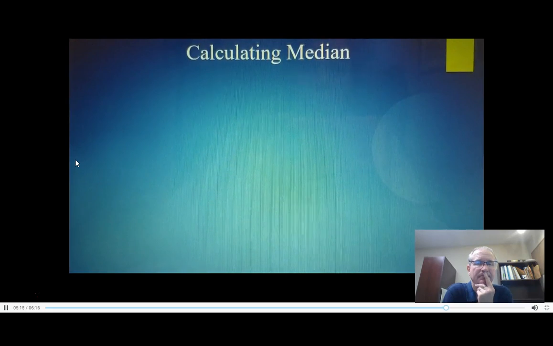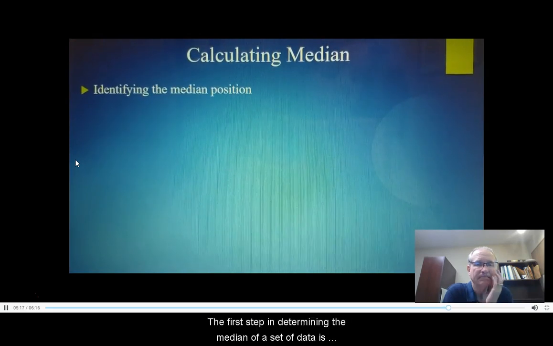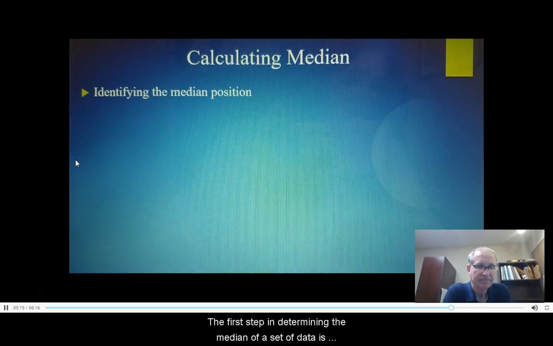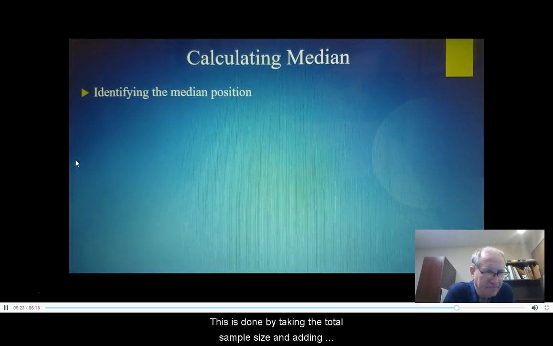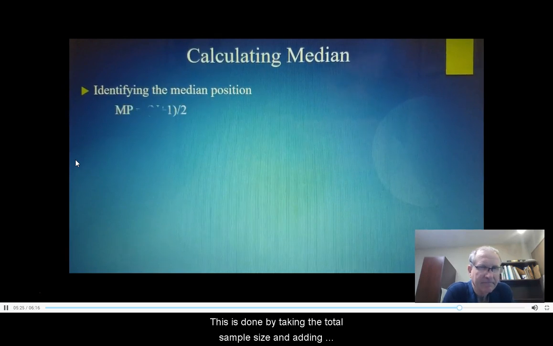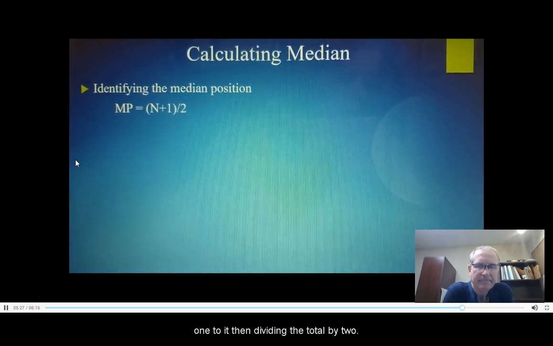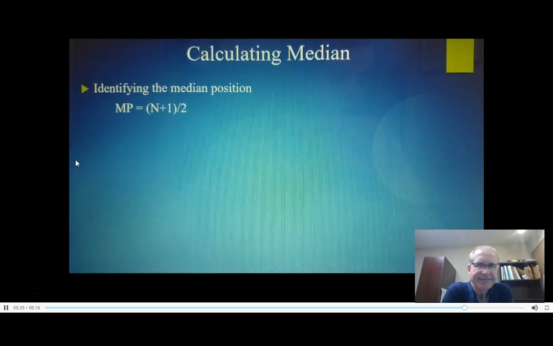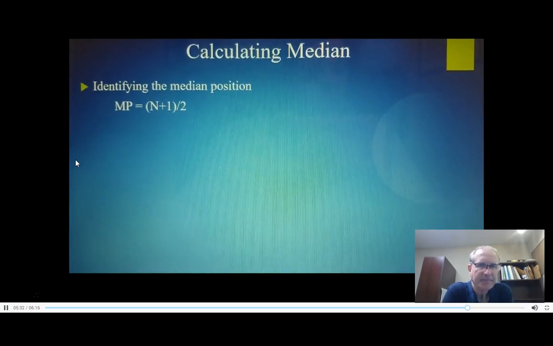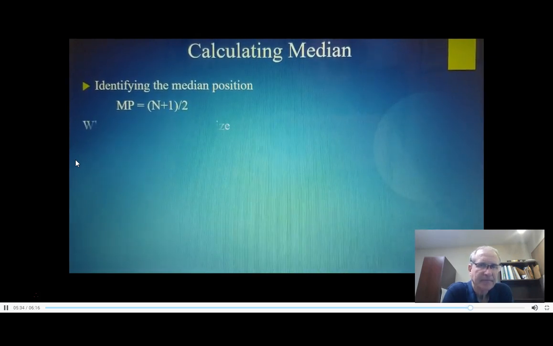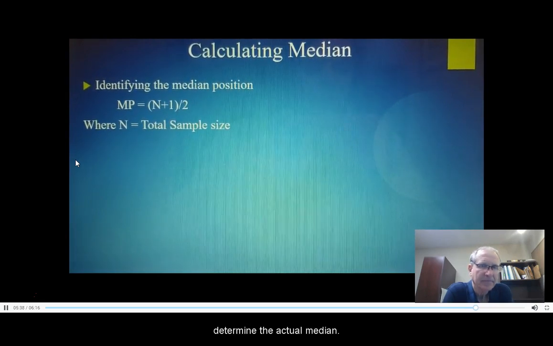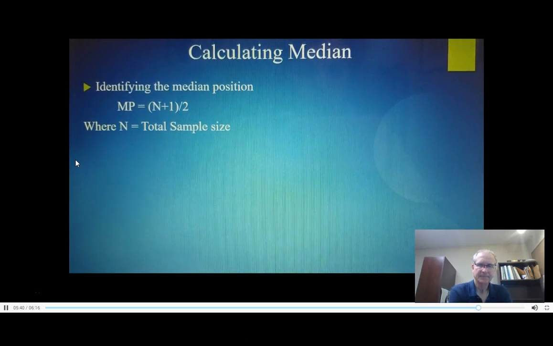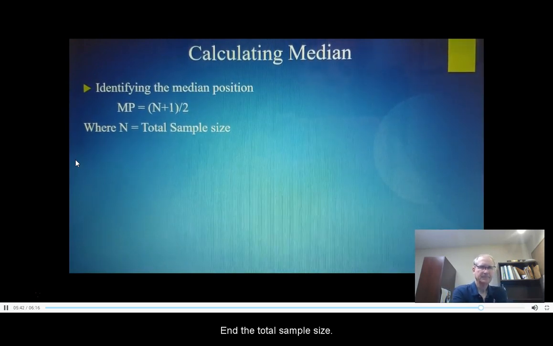Calculating median. The first step in determining the median of a set of data is to determine the median position. This is done by taking the total sample size and adding 1 to it, then dividing the total by 2. Once the position is determined, the next step is to determine the actual median, where n is the total sample size.